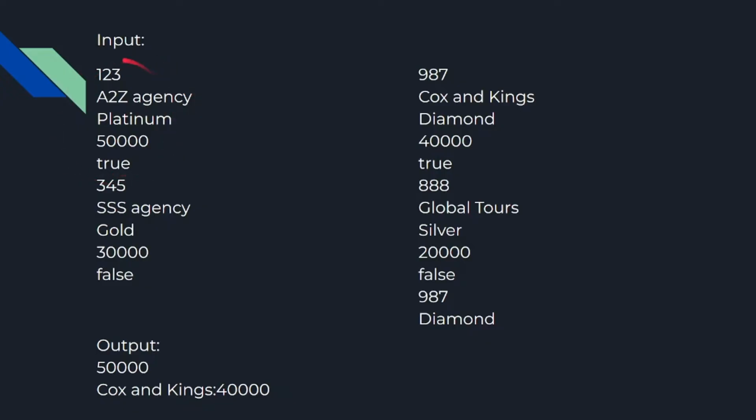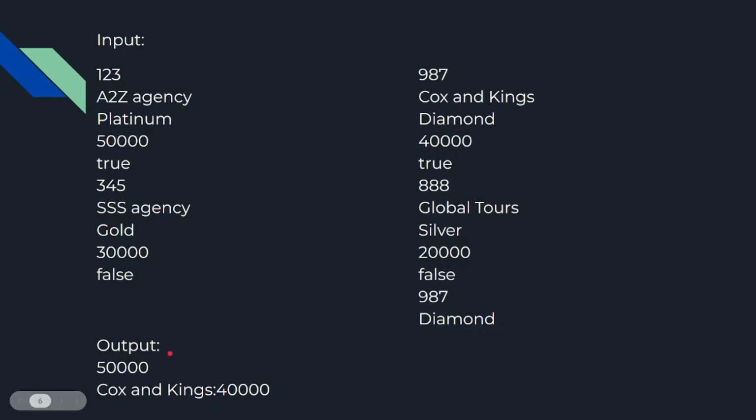They have given one object here, another object here, one more object here, and another object from here, 888 till false. And these two, 987 and diamond, are the register number and the package type which they have given as additional input.